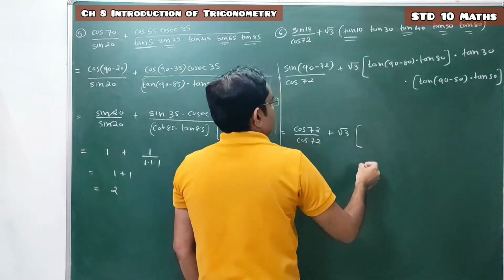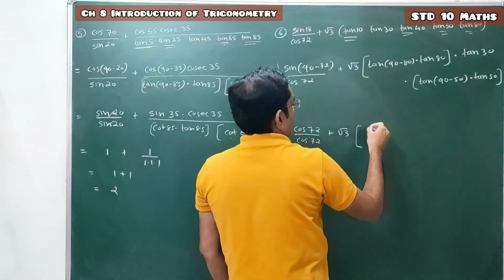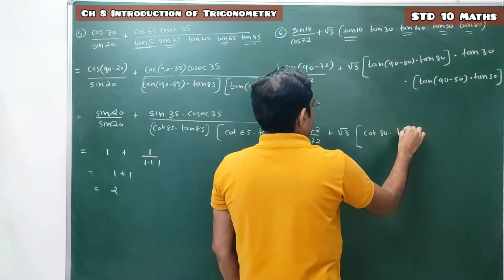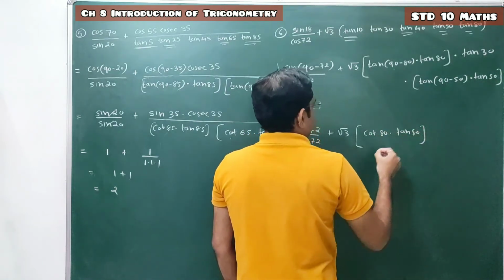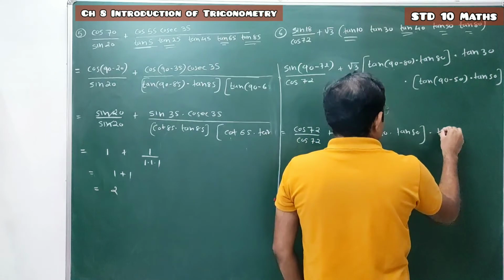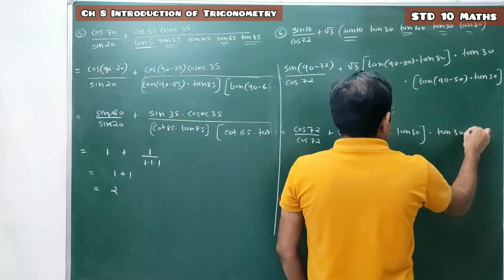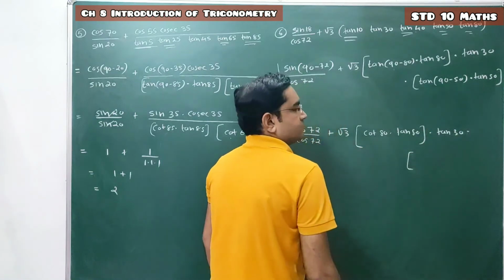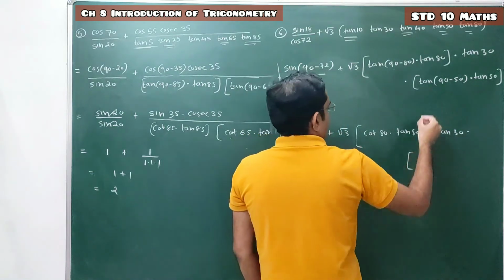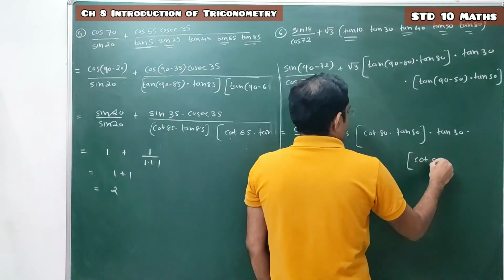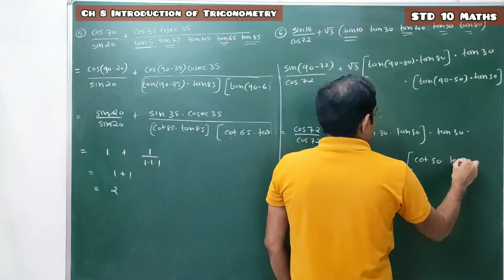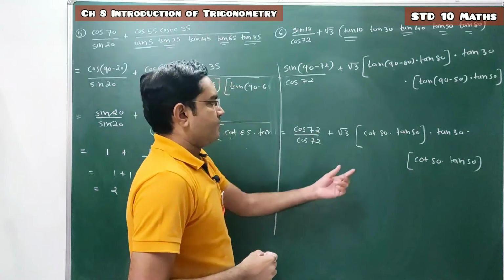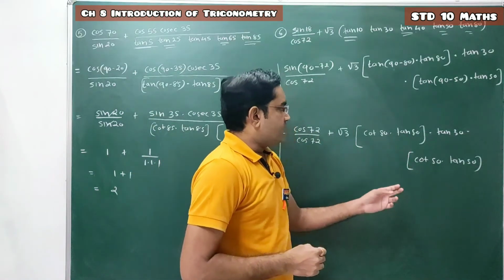Here the complement of tan 10 is cot 80 into tan 80 into tan 30 into tan (90 minus 50). Again the complement of tan 10 is cot 50 into tan 50. Again in these brackets, tan and cot are reciprocal of each other.